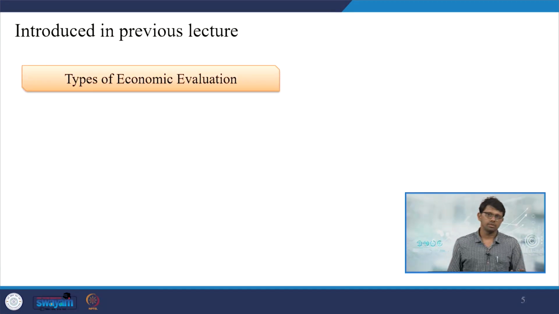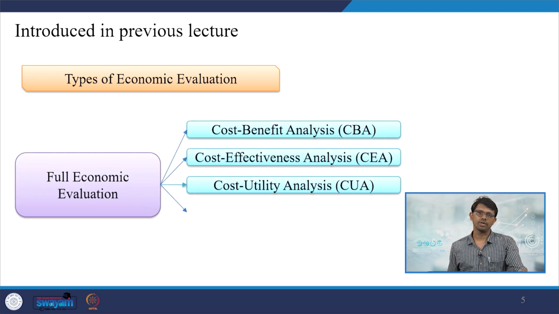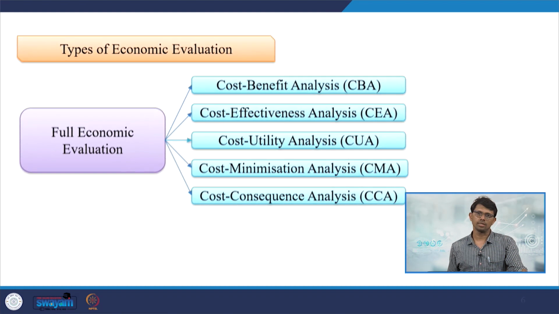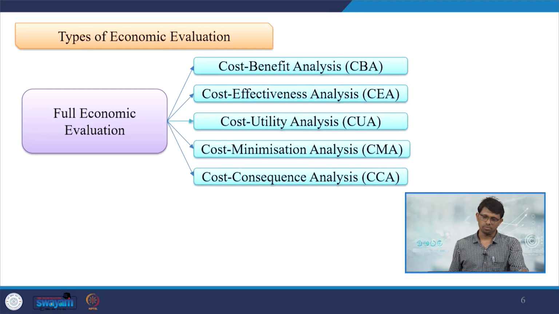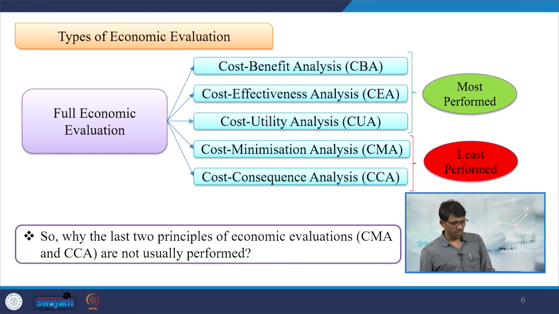So, as a snapshot of the previous lecture, just to recap for better understanding, let's understand once again what the types are. We discussed these 5 categories, and we highlighted the first 3 and the next 2, saying the first are most performed and the last are least performed.